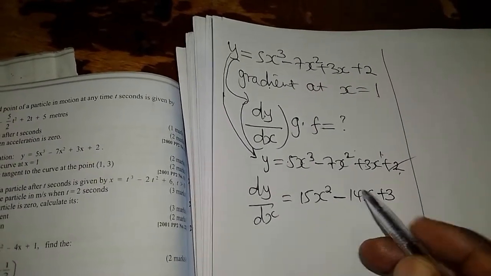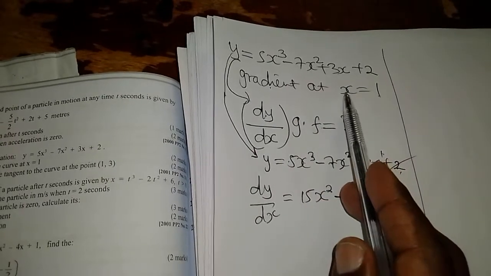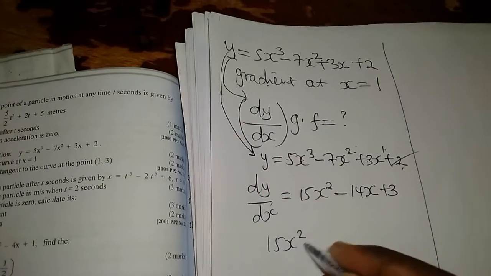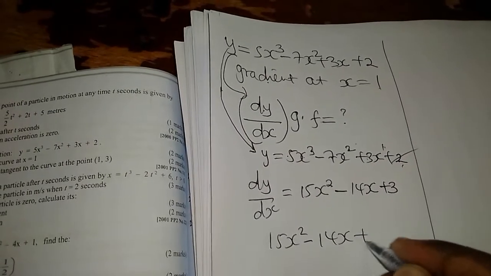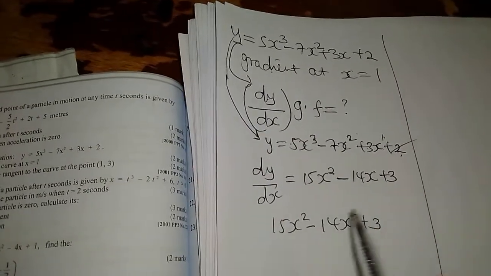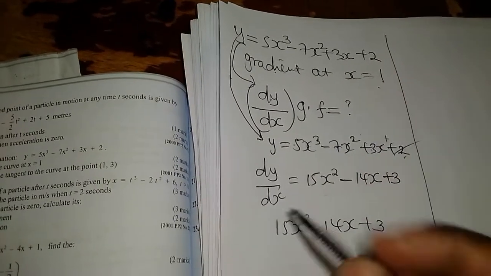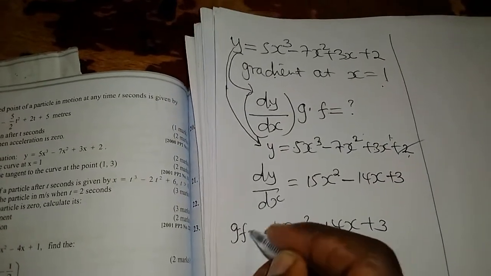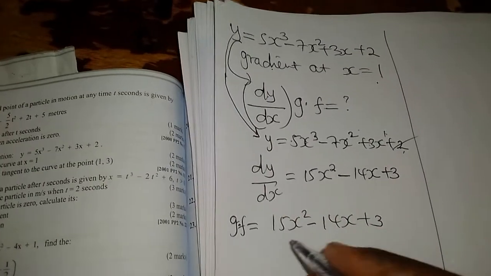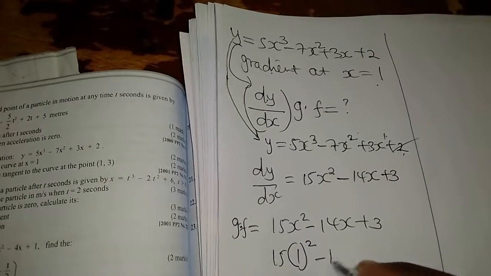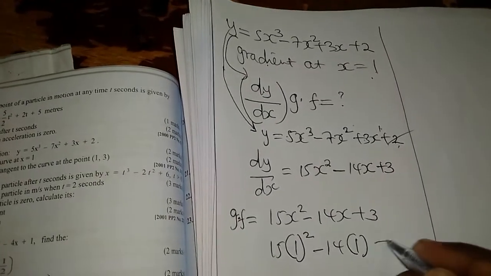So our dy dx is 15x squared minus 14x plus 3. Now, how do I get the gradient at the point when x is 1? Because this is our gradient function, I'm going to replace x with 1: 15 into 1 squared minus 14 into 1 plus 3.